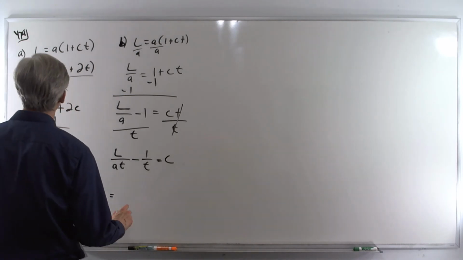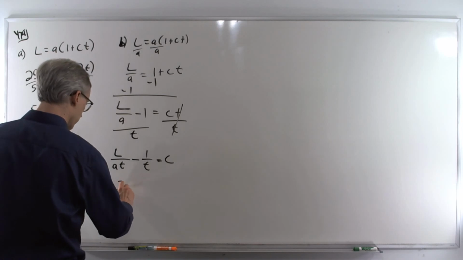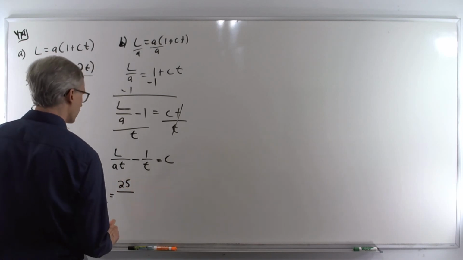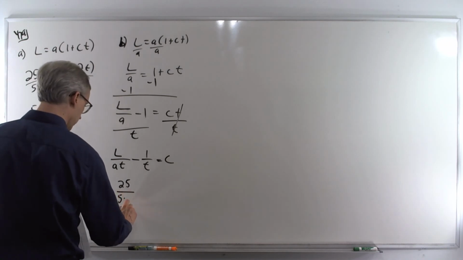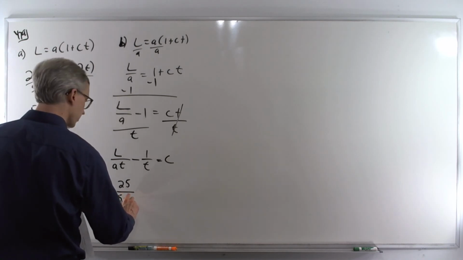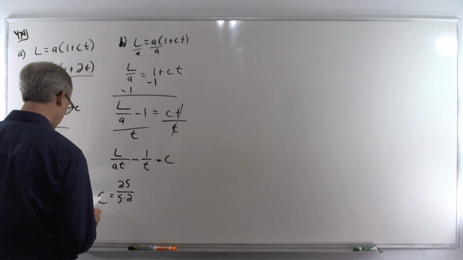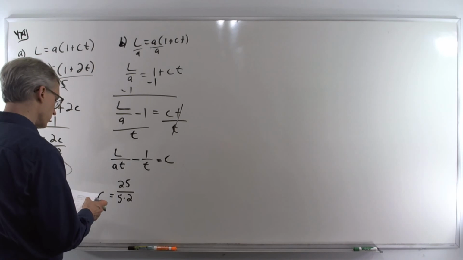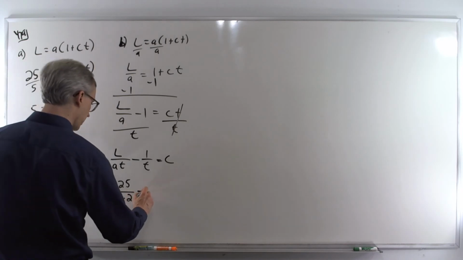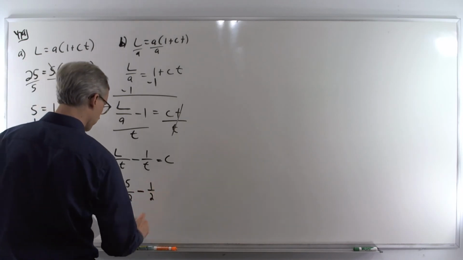So L was 25. And A is 5. And T is 2. So we got 25 over 5 times 2 minus 1 over, and T is 2 again.